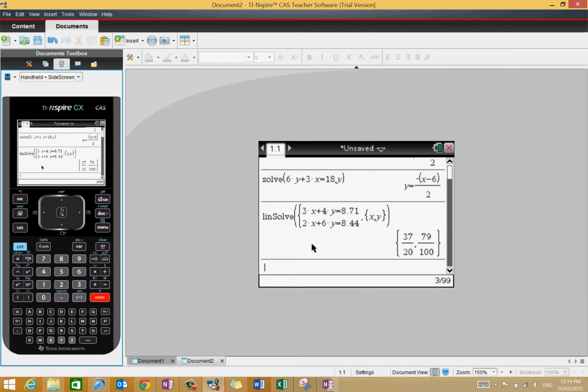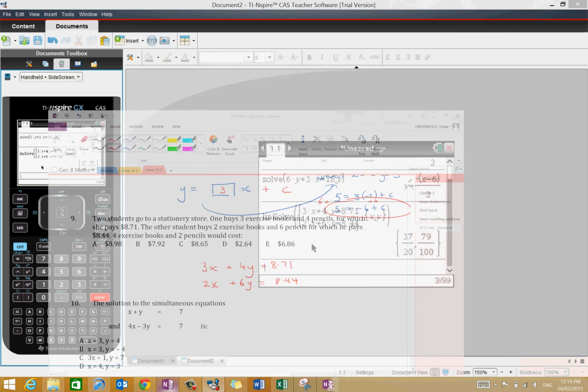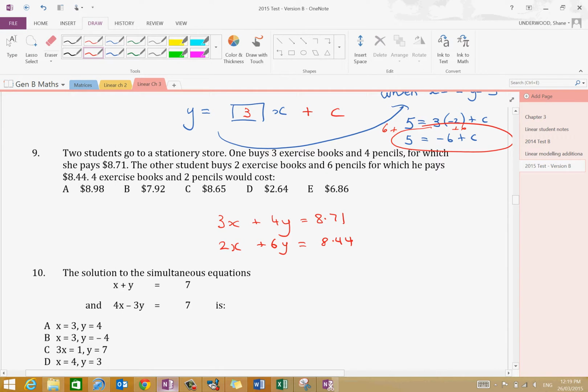Now we've been told that x is equal to 37 on 20 and y is equal to that. Now it's just asking us though for four exercise books and 2 pencils. So what we've got is 4 times x plus 2 times y would be equal to.